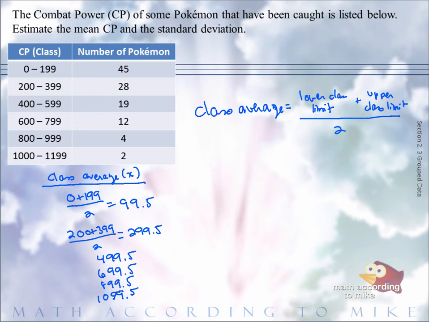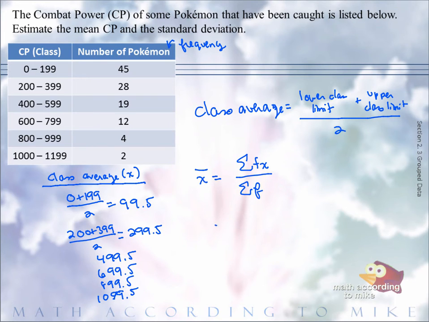So the number of Pokemon will actually be the frequency. And as we just found, the class average there is X. So with that stated, remember the mean is given by the sum of the frequency times X divided by the sum of the frequency. I know you enjoy the fact that I wrote F two different ways.